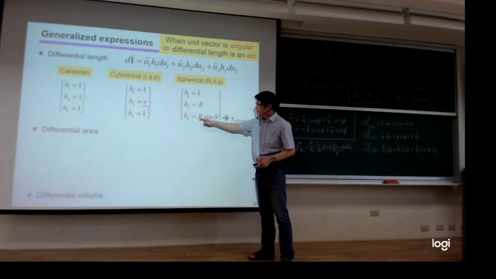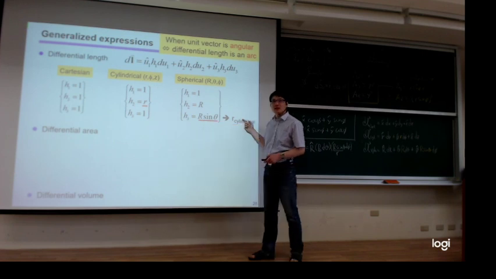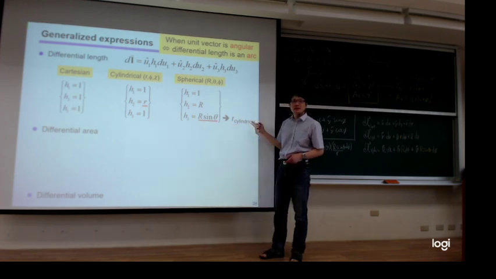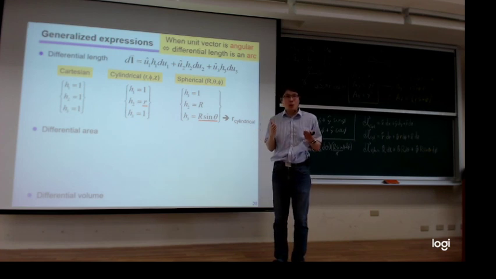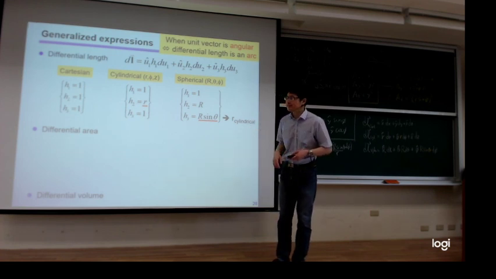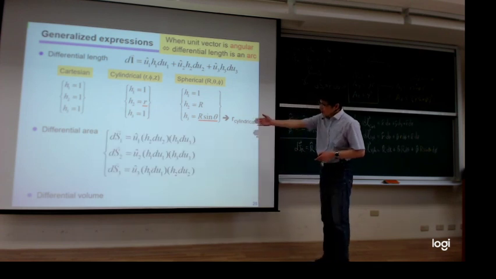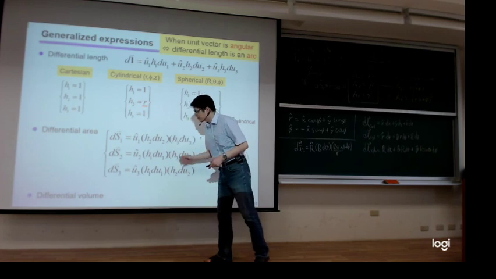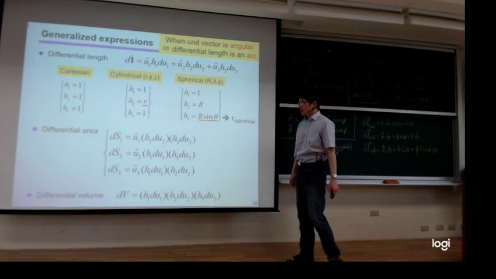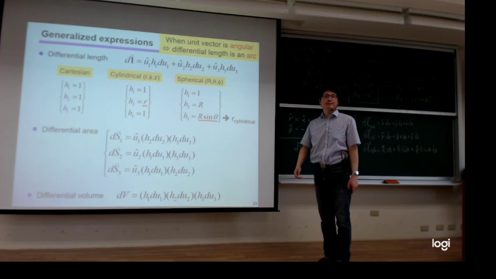This capitalized R projected onto the xy plane, the effective radius is equal to the non-capitalized R in the cylindrical coordinate. Okay. So differential area, generalized form, you always have this Jacobian. Differential value in that form.